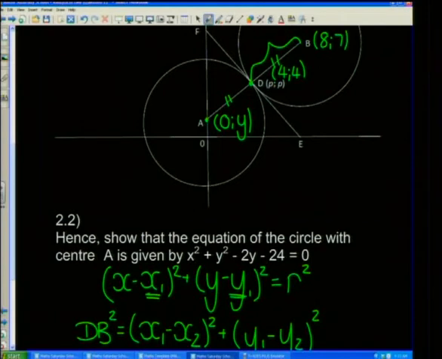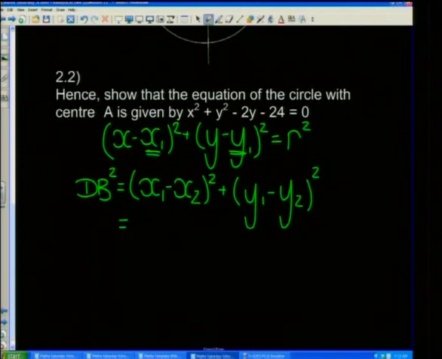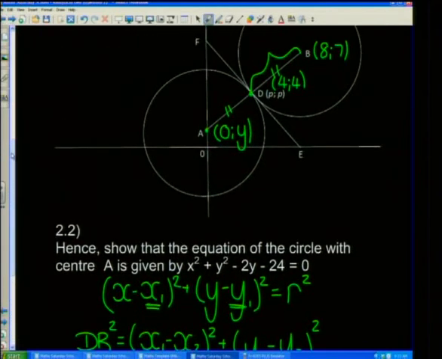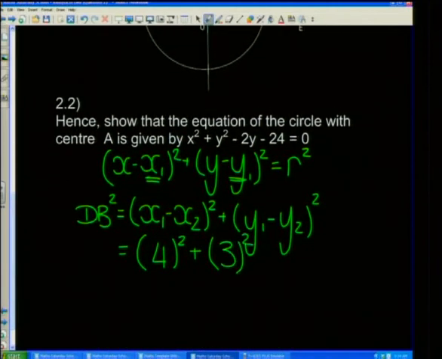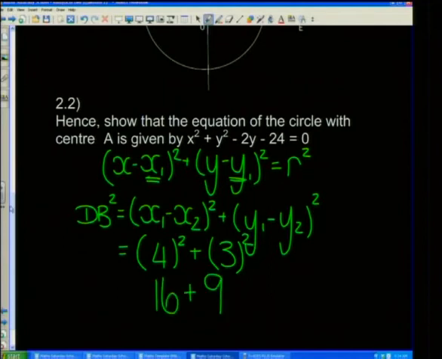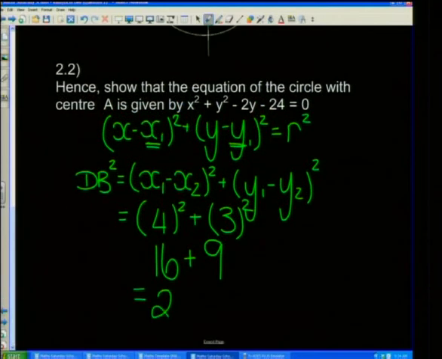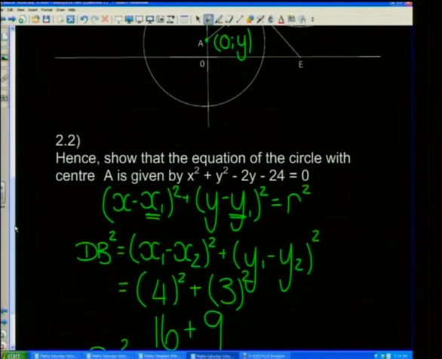So x1 minus x2: 8 minus 4 is going to leave us with 4, and that's going to be squared. My y coordinates: 7 minus 4 is going to be 3, and that is going to be squared. 4 squared is 16, and 3 squared is 9. I am getting a value of 25, and that is my radius squared. That's my DB squared.